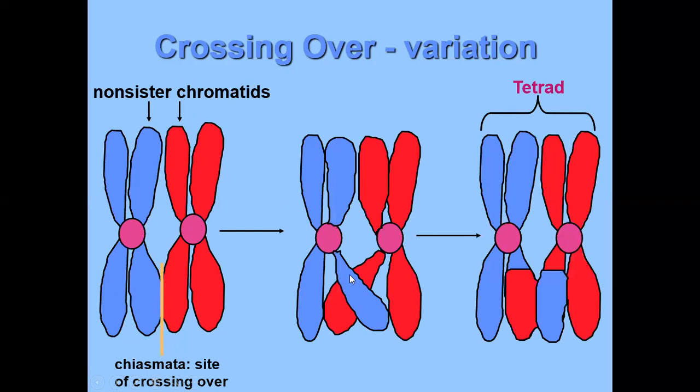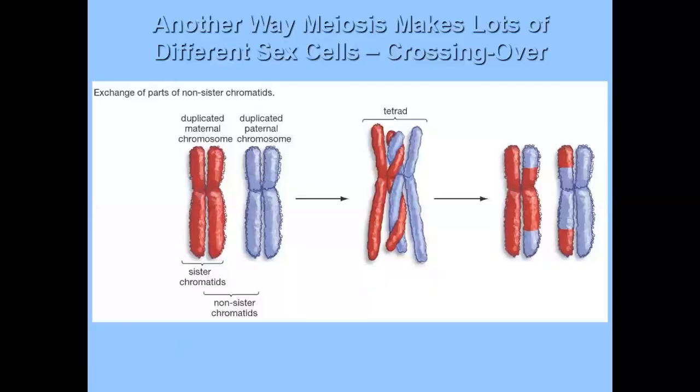This X-shaped structure is called chiasmata formation, and after crossing over, that chromatid contains a part of this chromatid, and this chromatid contains a part of that chromatid, and this is the result of variation, and that's why all individuals, even family members, are different from each other due to this crossing over.